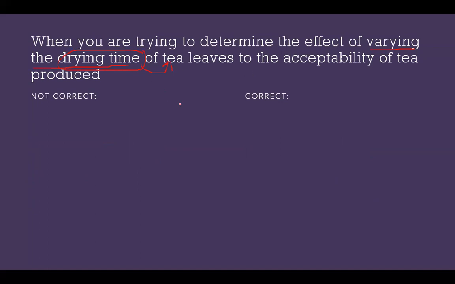So if I interpret what the researcher did, the researcher is trying to vary the drying time of the tea leaves, and the resulting products are evaluated by the respondents, since we are looking for acceptability from the respondents, right?